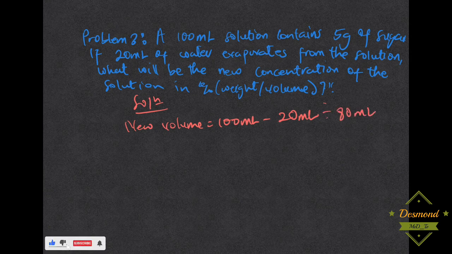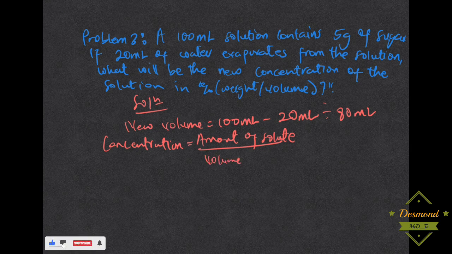Now we calculate the concentration. Concentration is defined as the amount of solute divided by the volume of the solution. So concentration is equal to the amount of solute over volume of solution.